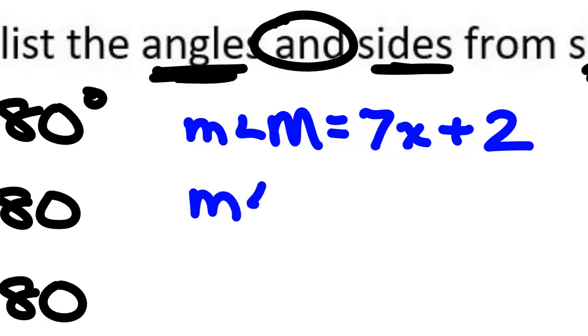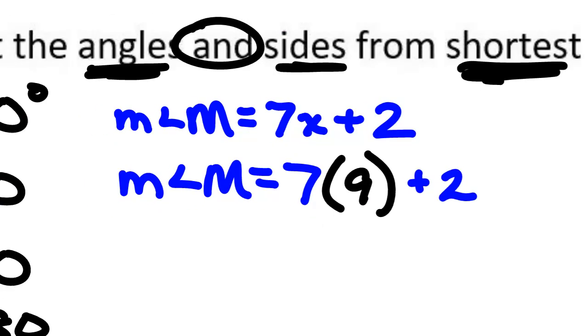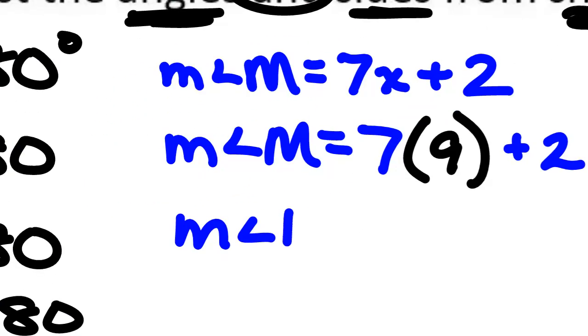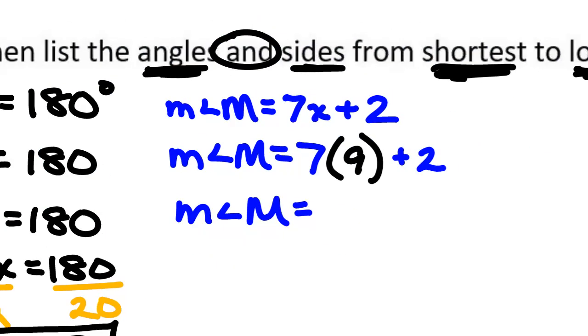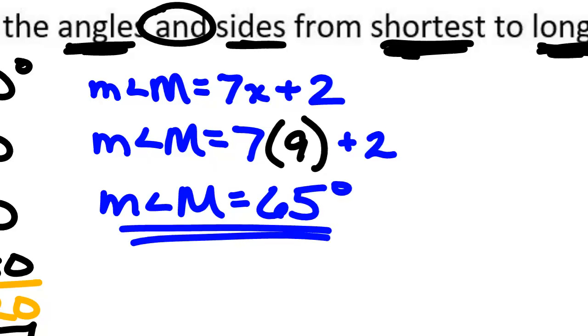So I have the measurement of angle M equals 7 times 9 plus 2. What is 7 times 9? 63 plus 2 more? 65. So the measure of angle M is 65 degrees.